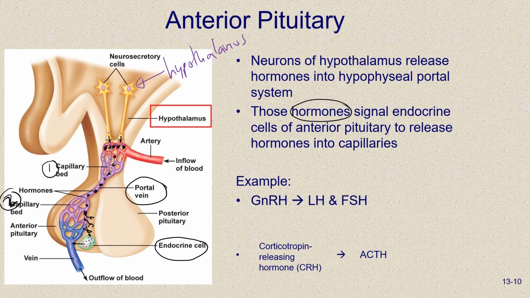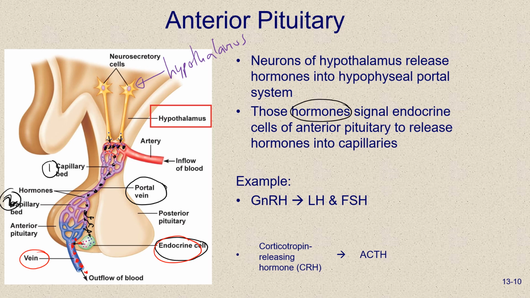In response to the hormones of the hypothalamus, the endocrine cells will release their own set of hormones that then travel out of the pituitary gland through venous blood flow to be distributed widely throughout the body and causing changes in cells and tissues that are far removed from the pituitary gland itself.